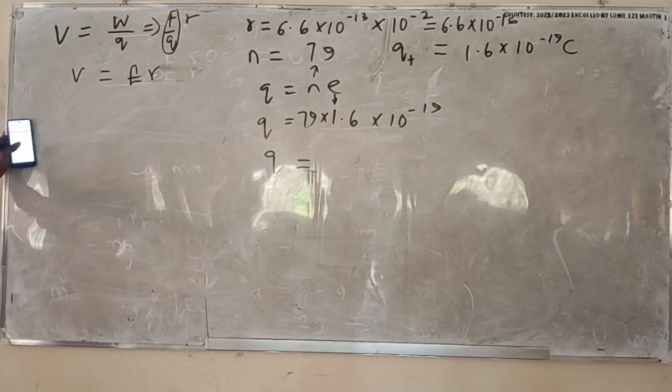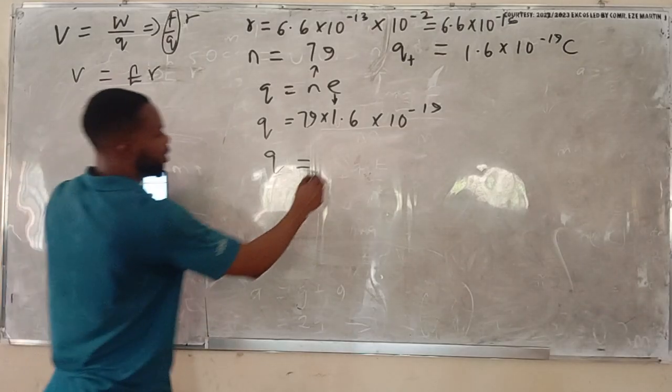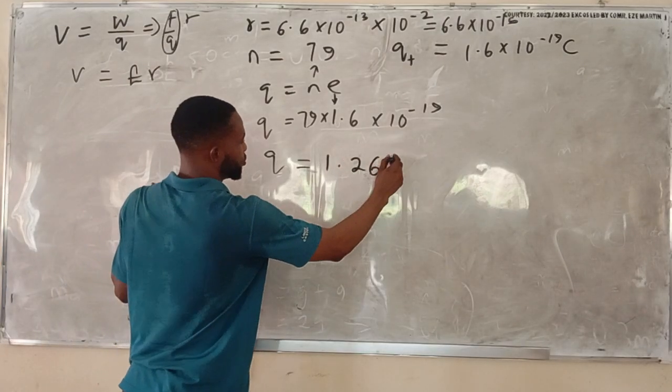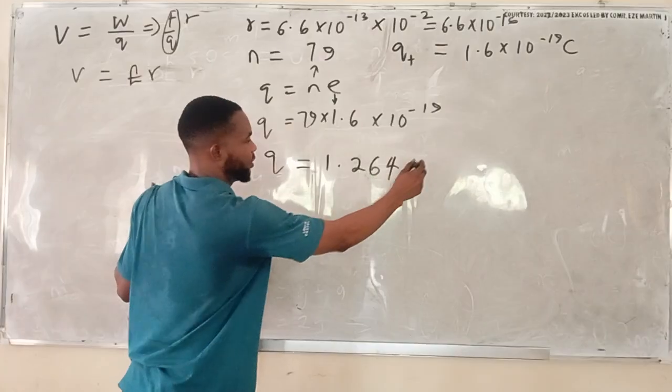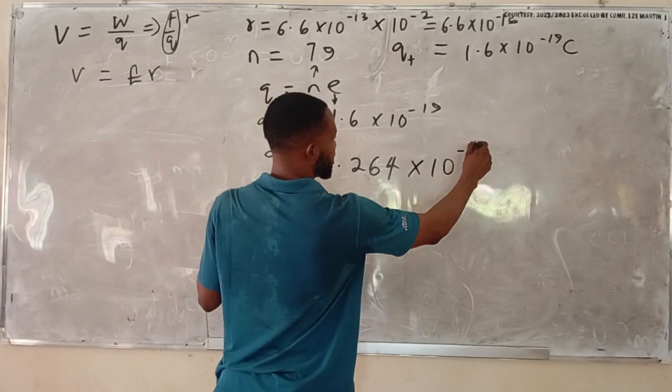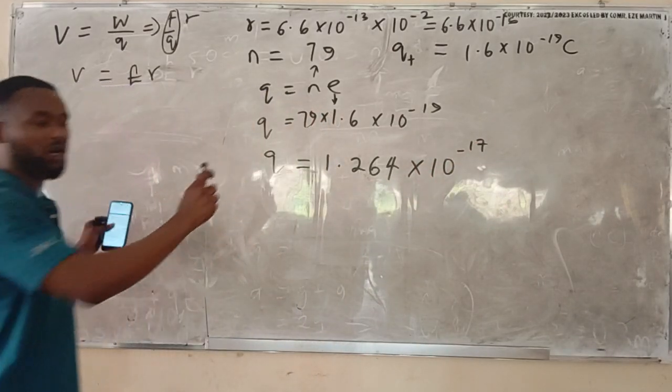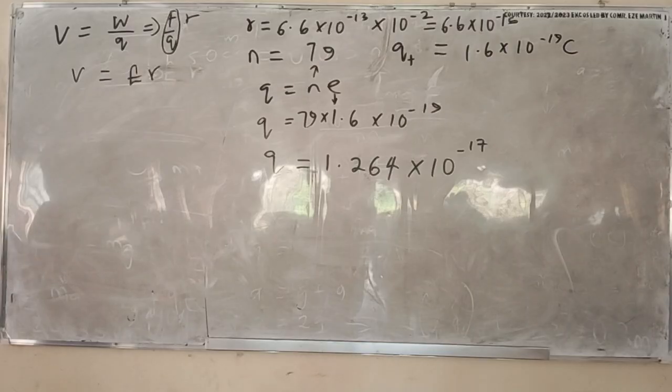So Q is 1.264 times 10 to the minus 17. I did not use Q equals mg or anything because I have nothing broken. So we've gotten that.